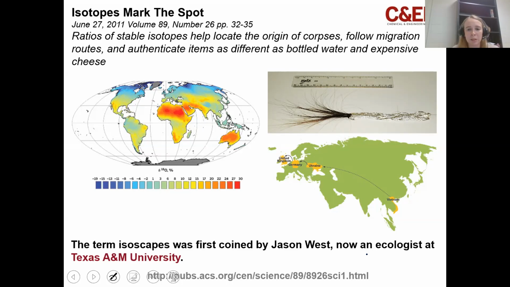There was a term coined by a now famous Texas A&M professor named Jason West. He coined the term isoscapes to describe using land maps or heat maps to talk about the ratio of isotopes that is used for different purposes like this. So it's pretty cool to see the real life applications of our chemistry, right?